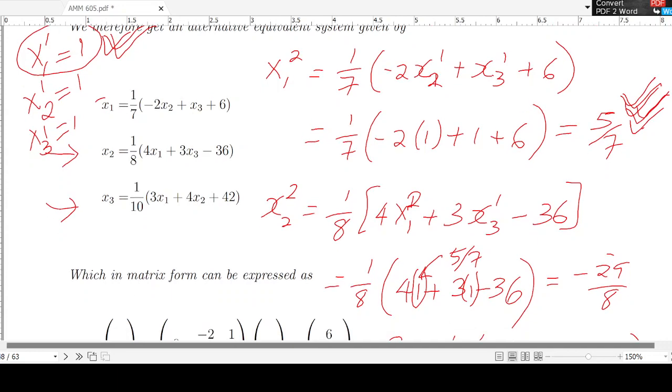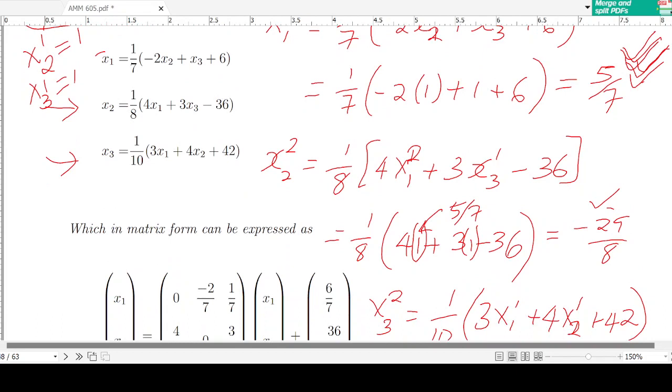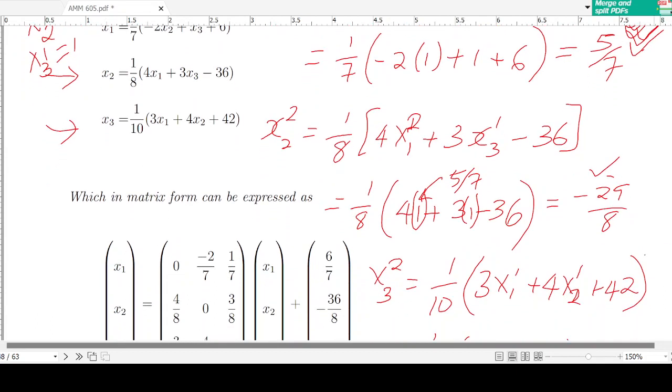So the value of x2 here will change. Now, when we come to the last equation, we have x1 and x2. Again, we have computed x1 and x2, which we are now assuming to be better approximations than the old values that we had taken as approximations. So we are going to use them here.